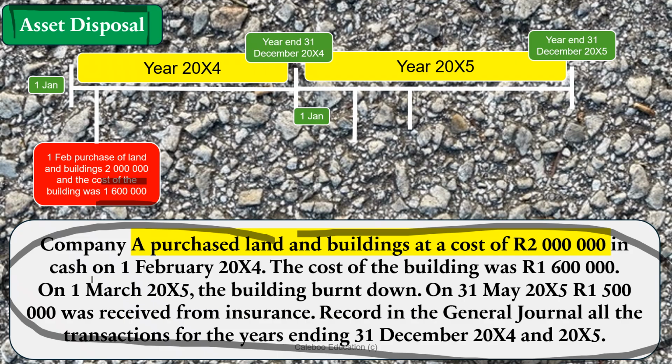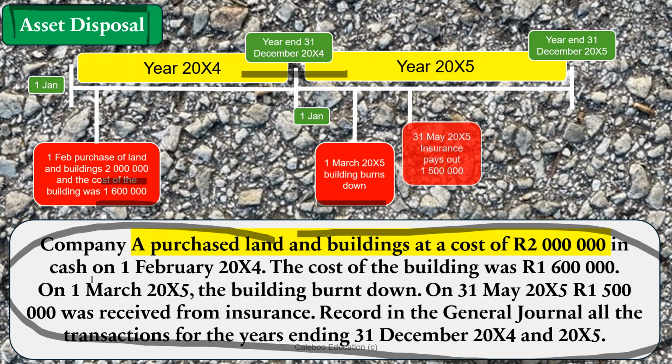The end of year 1 is December the 31st, 2024, as we go along. Then on the 1st of March 2025, the building burns down, and insurance pays out on the 31st of May 2025, and they pay out 1.5 million.